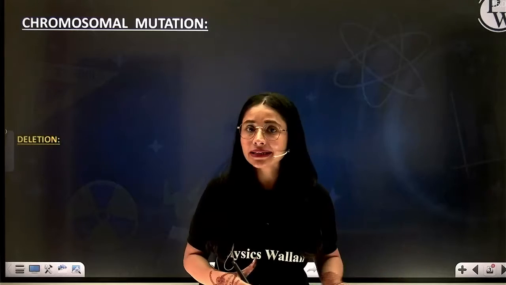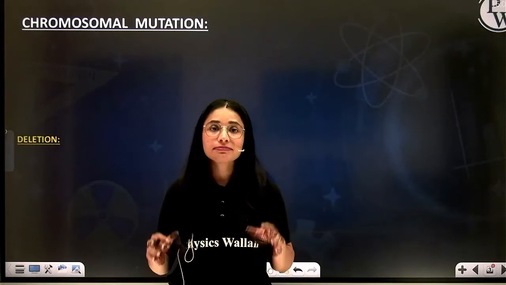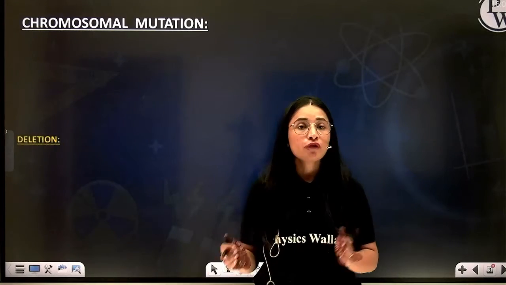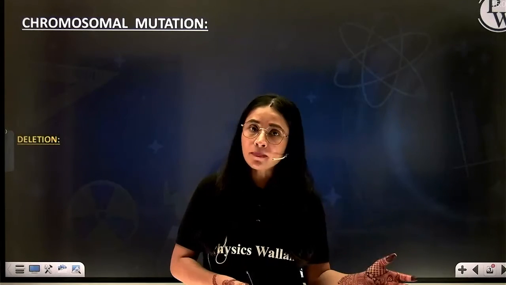Beta, mutations can be inheritable or non-inheritable. That means mutations can be passed from the parents to the offspring, or they may not get passed from the parents to the offspring.